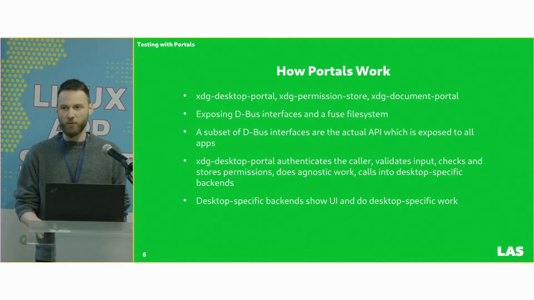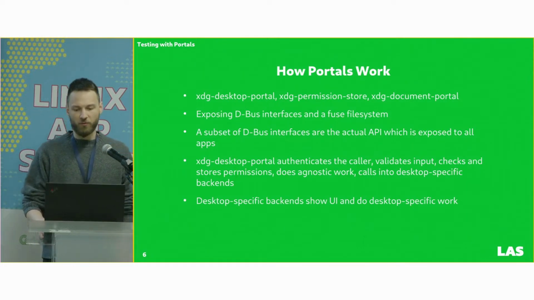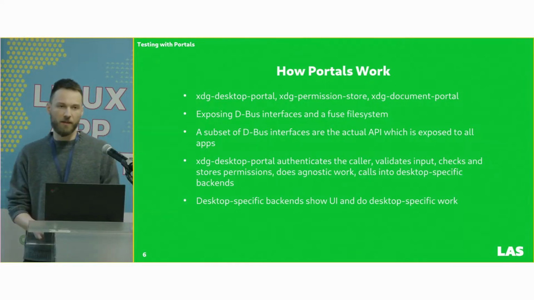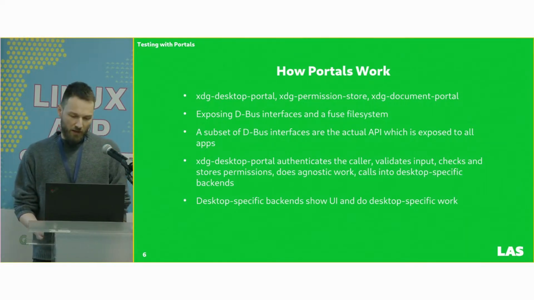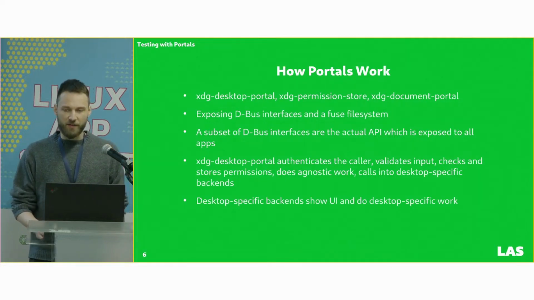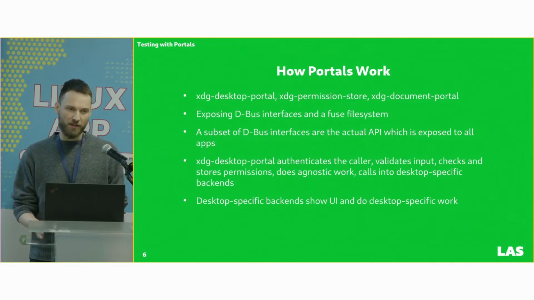It does a bunch of work which is agnostic to the actual desktop environment, and then whenever it's required, it calls into desktop-specific backends. Those desktop-specific backends usually show some kind of UI, but they can also do other, non-UI related tasks. Whatever is desktop specific, basically.